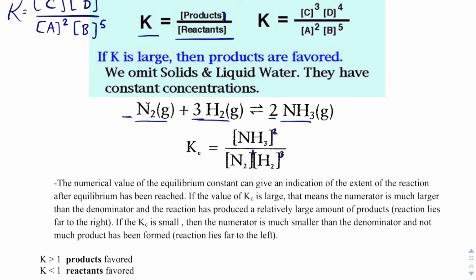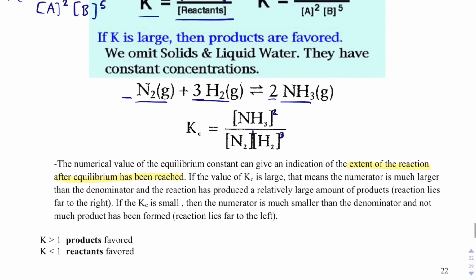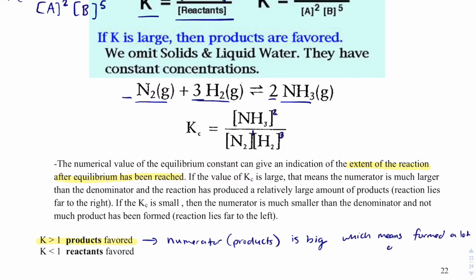This ratio tells us the extent of the reaction after equilibrium has been reached. Meaning, did we form a lot of products? Or did we really not do a whole lot and we still have a lot of reactants left over? Mathematically, if K is greater than 1, that means our numerator, which is our products, is big, which means we formed a lot of product.